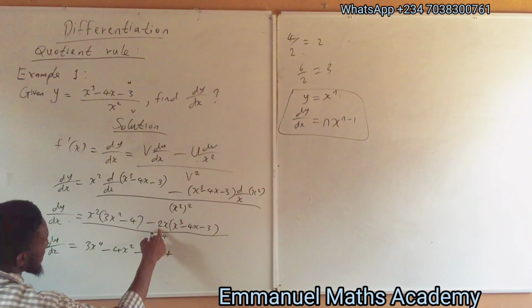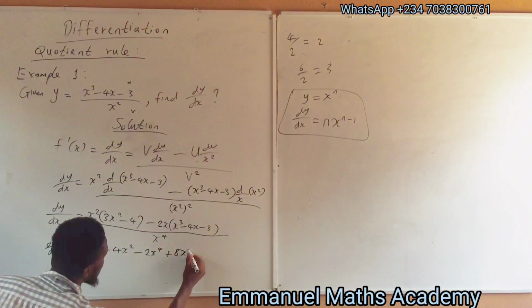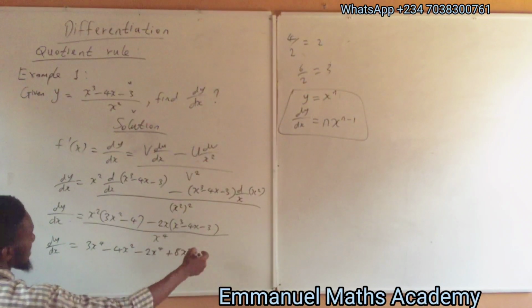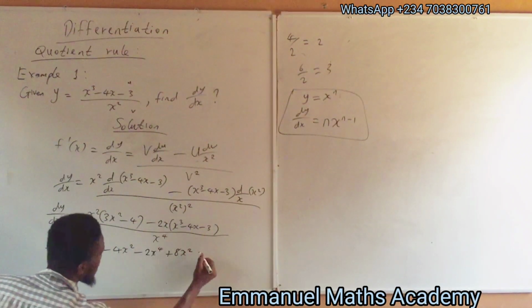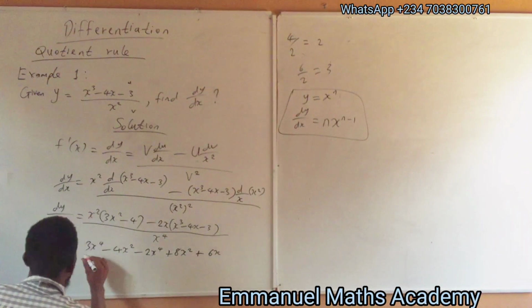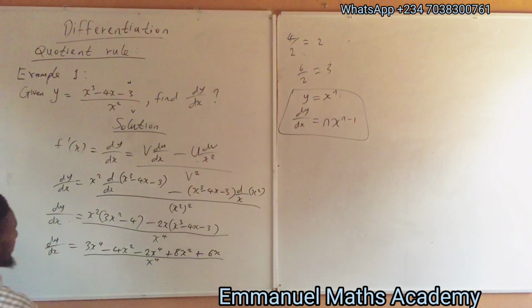Minus then 2x times 4x will give you what? 8x raised to power 2. Is that correct? Then minus 2x times minus 3 will give you what? Minus times minus will give you plus first. And use this to multiply this, you get 6x, all over x raised to power 4.